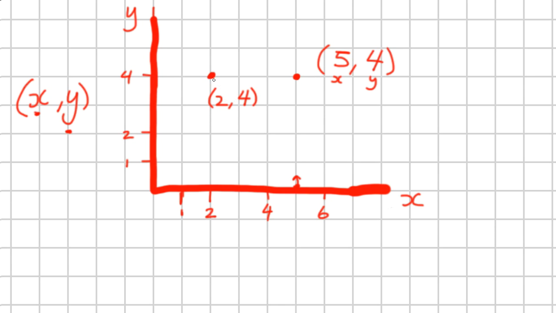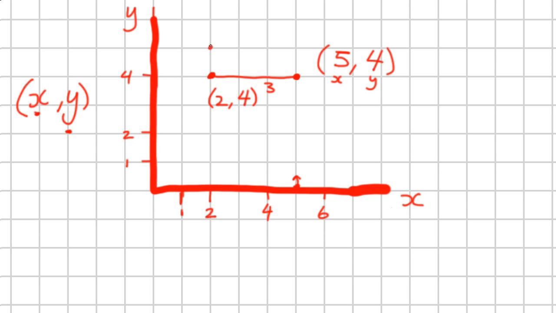Now what we can determine from here is the distance between these 2 points, because each of these grid lines is the same length away from each other. So we can say, well, this point is 1, 2, 3. So 3 points away. So if we looked at a line between them, that has a length of 3.